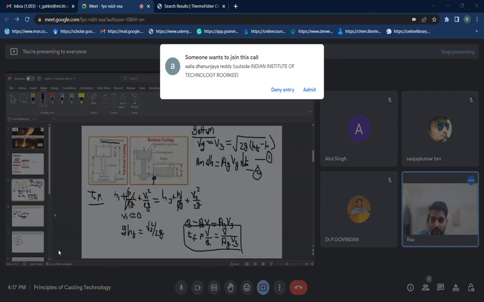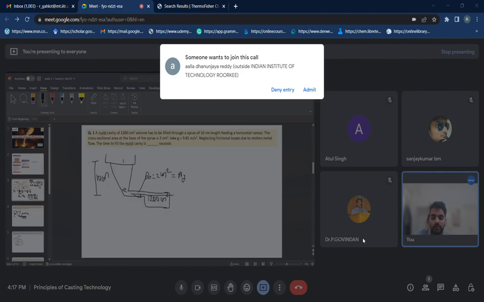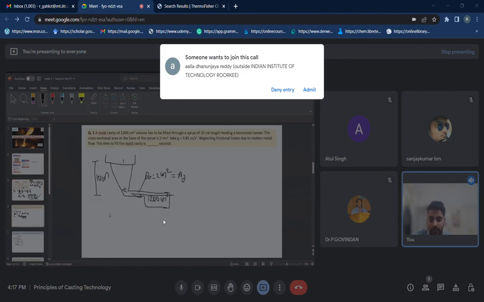As we just saw, we can write a Bernoulli equation between point one, point two, and point three. Just like this, we can write a Bernoulli equation between point one and point three. So we will directly use the final output for the top gating system, which is T filling equal to the volume of the mold cavity divided by the area of the gate, and then multiplied by the velocity at the gating entrance.